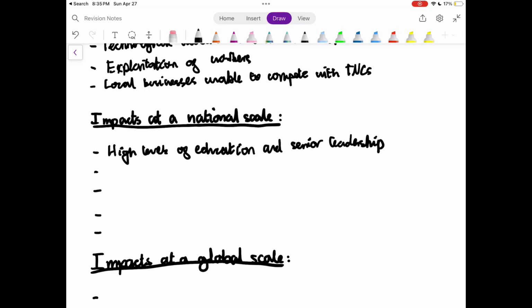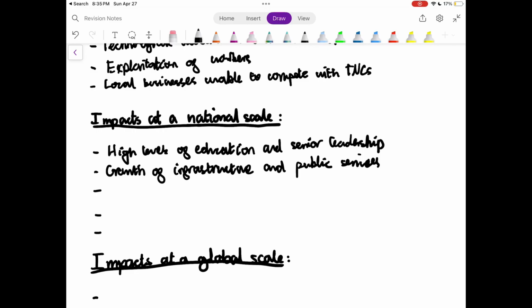There is also the growth of infrastructure and public services. So public services include healthcare and education.